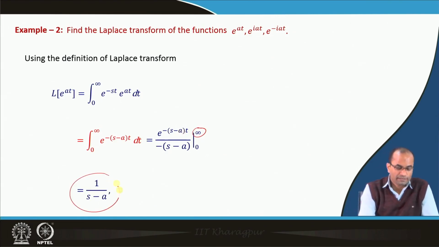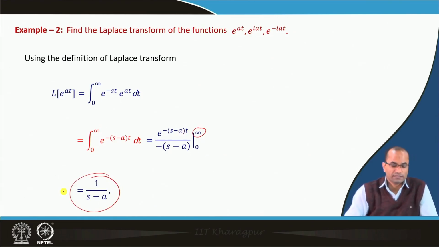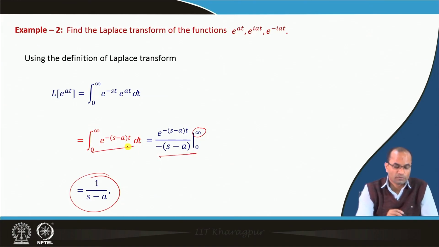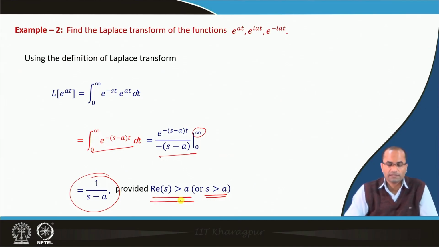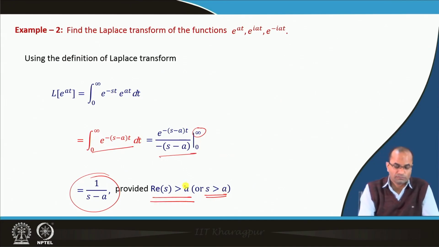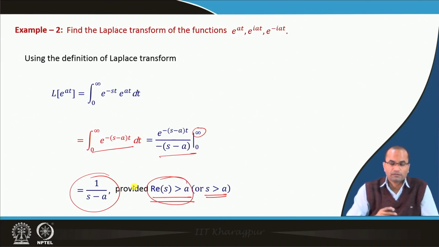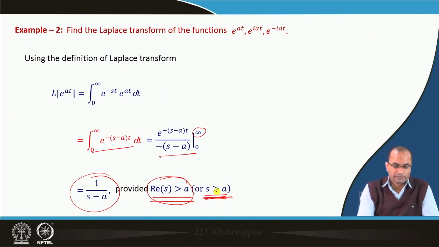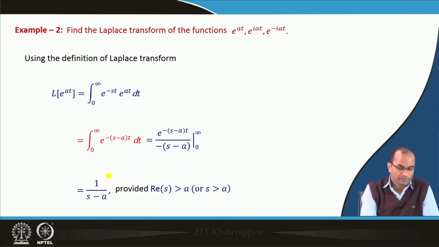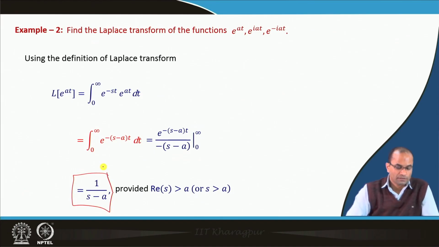So we finally have 1 over s minus a as the value of this improper integral, provided either that s is greater than a, or that the real part of s is greater than a. This is a more general domain for s, and if we assume that s is a real number, then s greater than a, but we have this Laplace transform as 1 over s minus a.